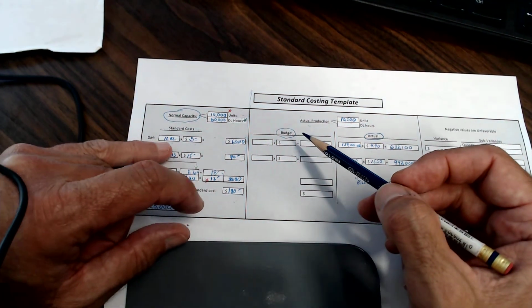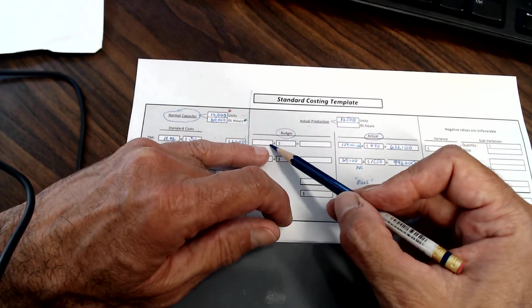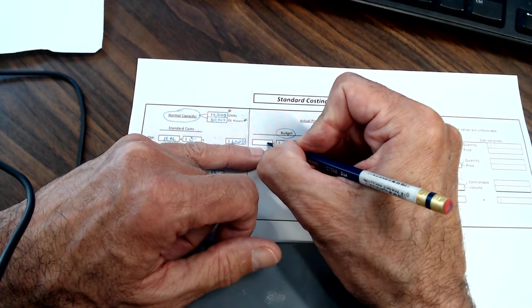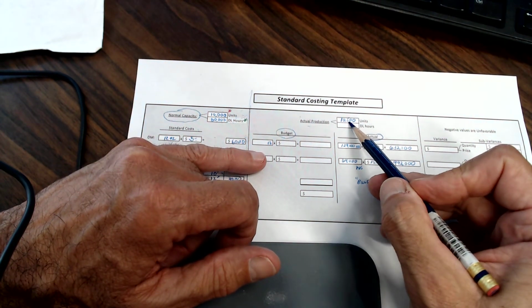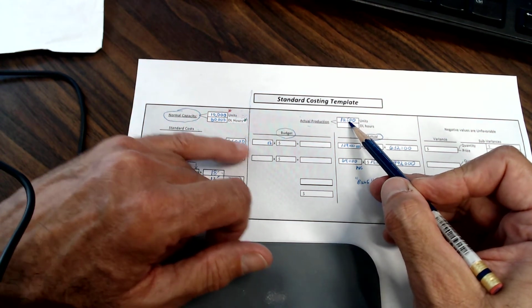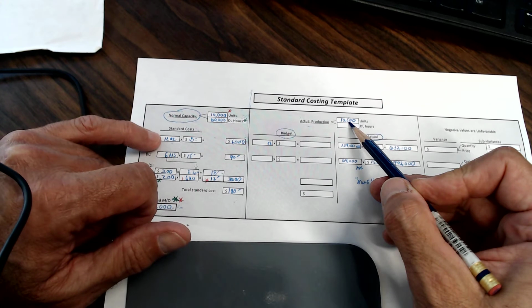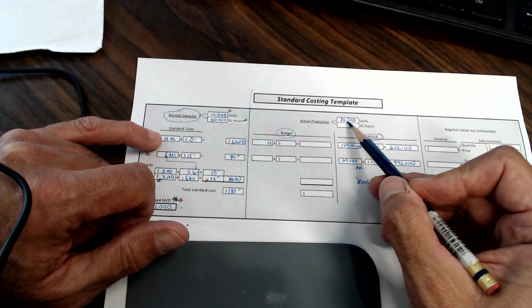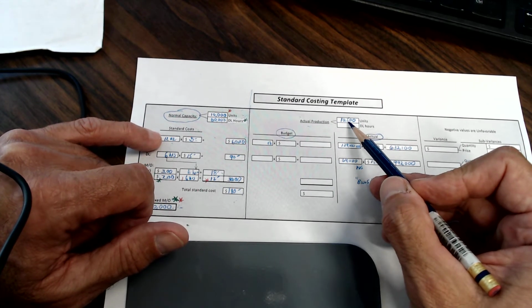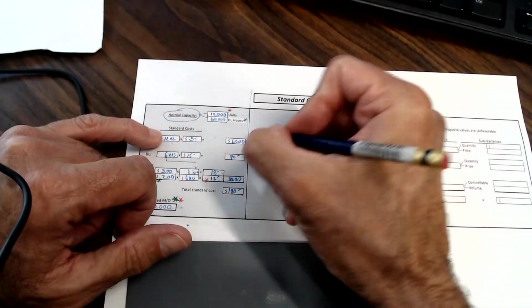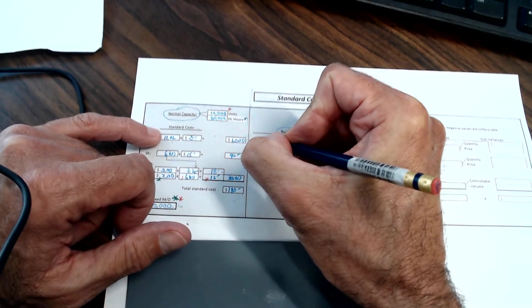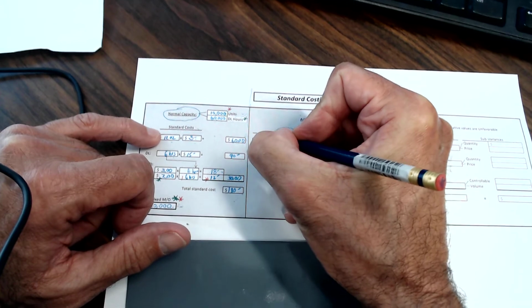Let's start with materials. How many ounces of materials should I have used to make 10,500 units? Well, each unit should have taken 12 ounces. So that's 10,500 times 12 ounces per unit. We should have used 126,000 ounces.